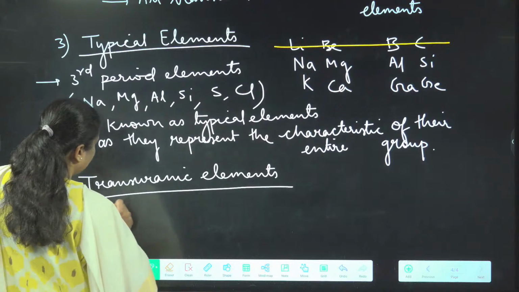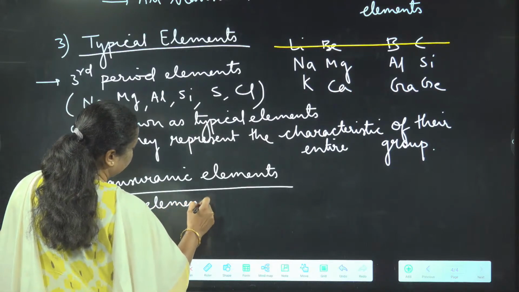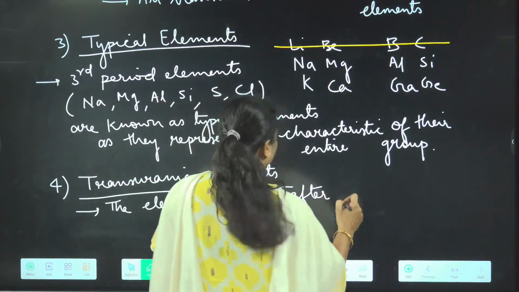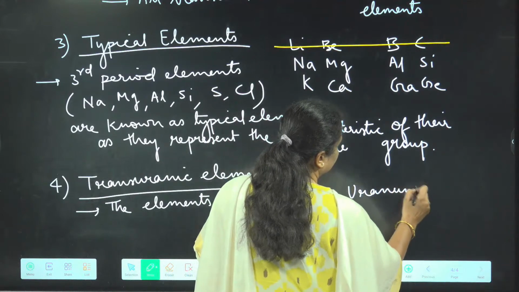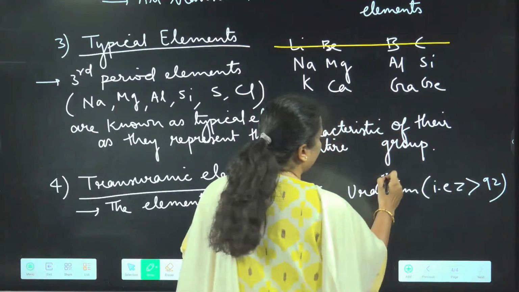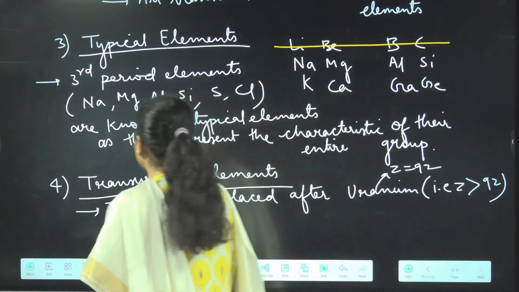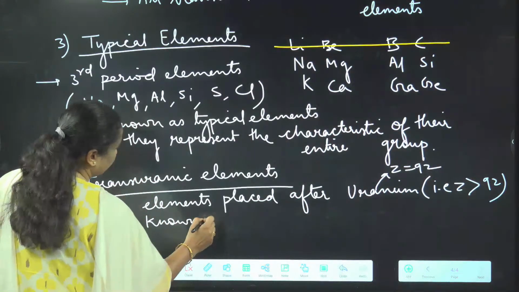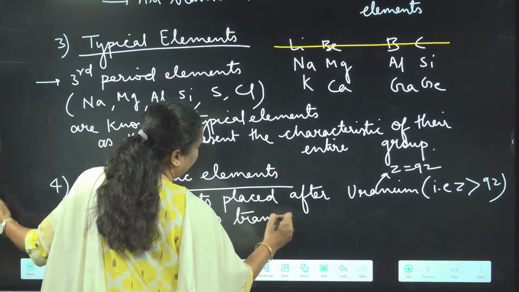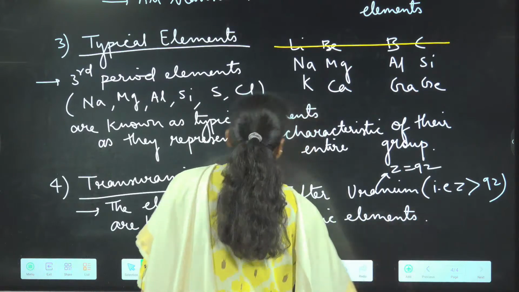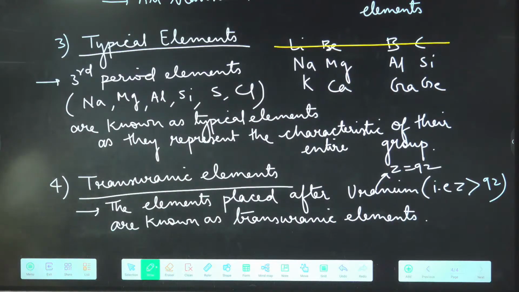So the elements placed after uranium, that is, here Z is greater than 92, because the atomic number of this is 92, are known as trans-uranic elements. That's the meaning of it. So please make a note of it. Both the things, typical as well as trans-uranic, then we'll proceed further.